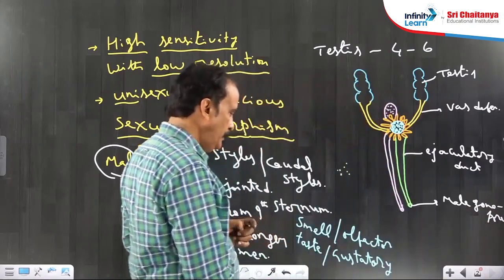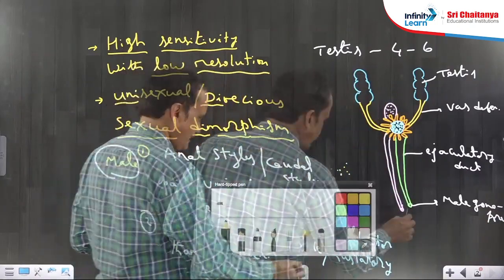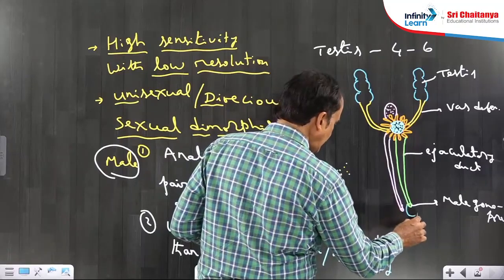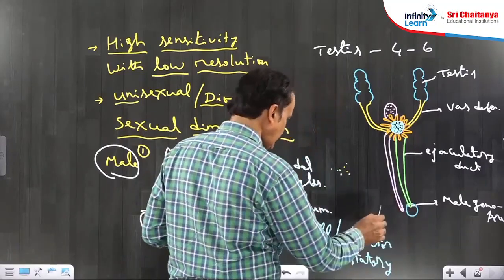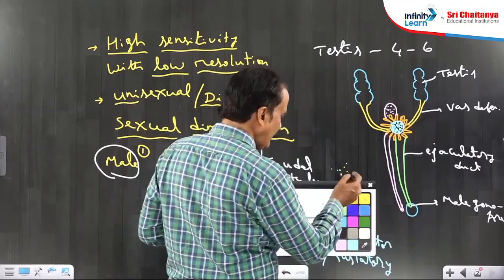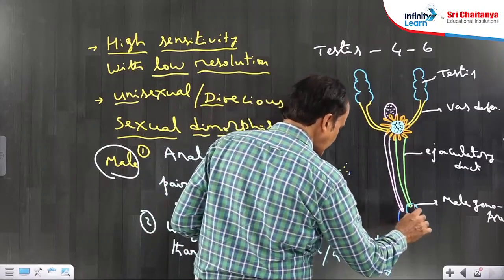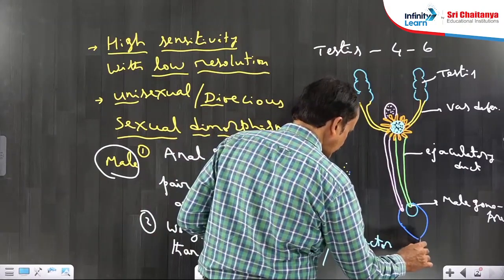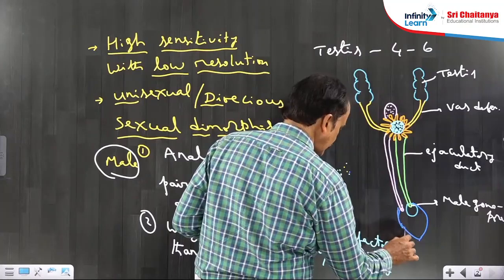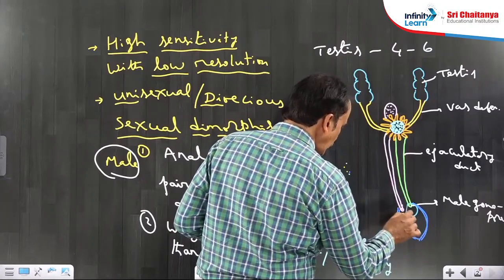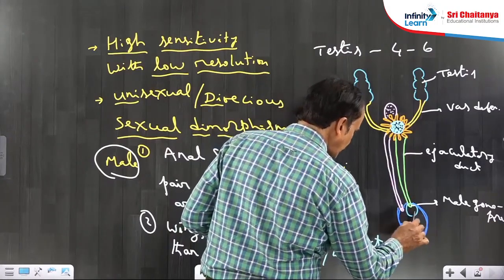Male gonopore opens on ventral phallomere. Yesterday we discussed in the external morphology the phallomeres. Male has external genitalia called phallomeres. So on the ventral phallomere it opens.